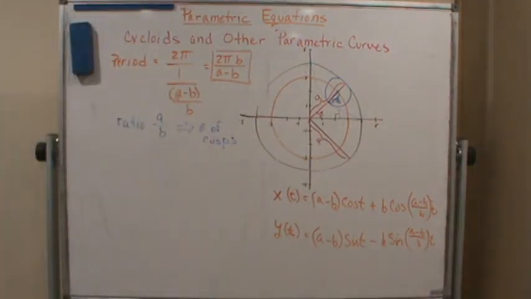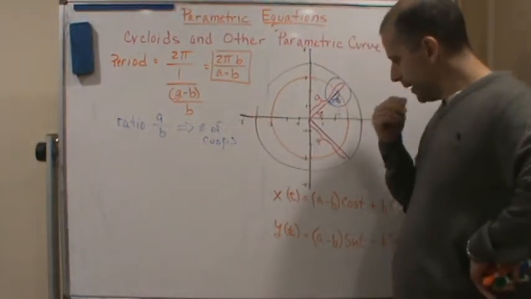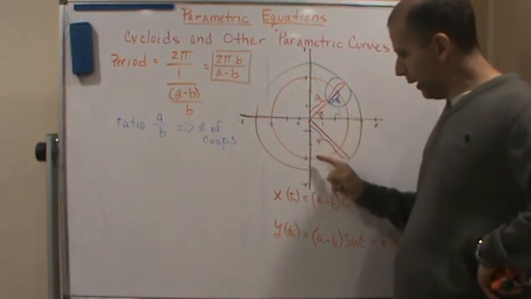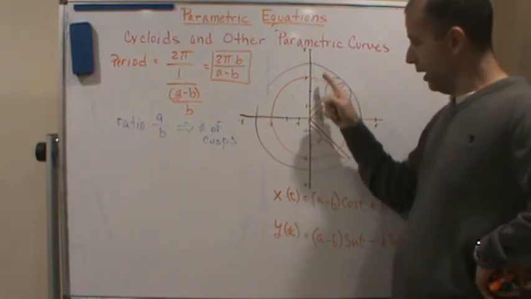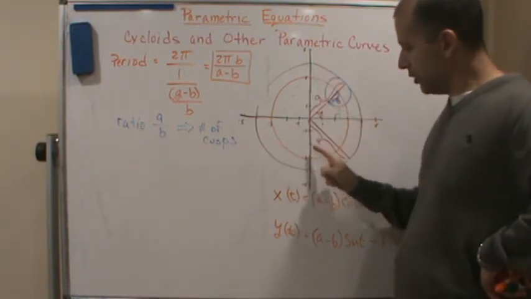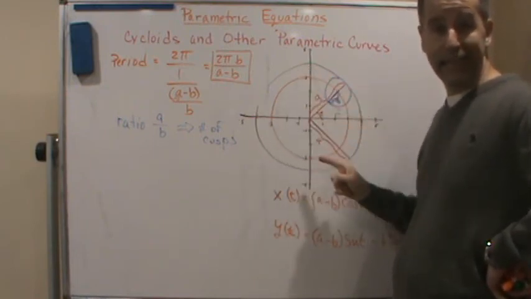If the ratio A to B is rational, you can get some really interesting patterns with this, and it'll tell you how many cusps there are, and eventually, if it's rational, it'll repeat itself.